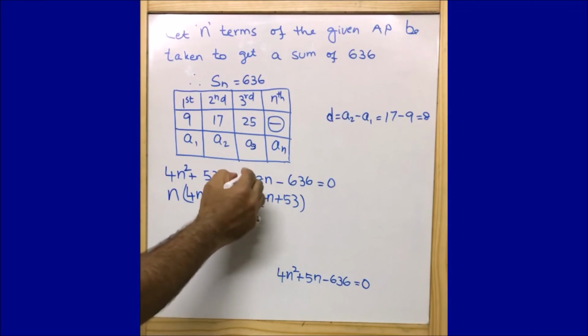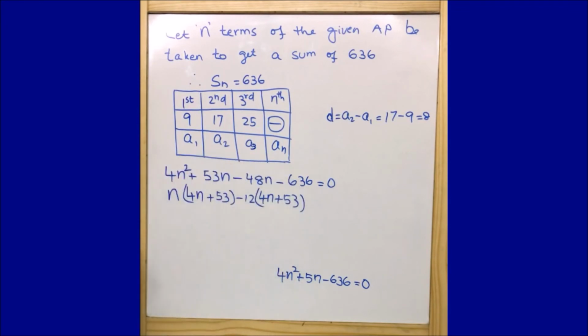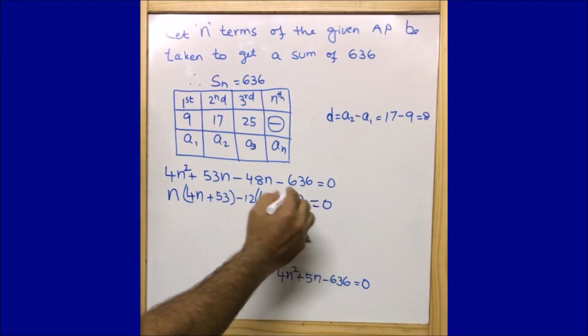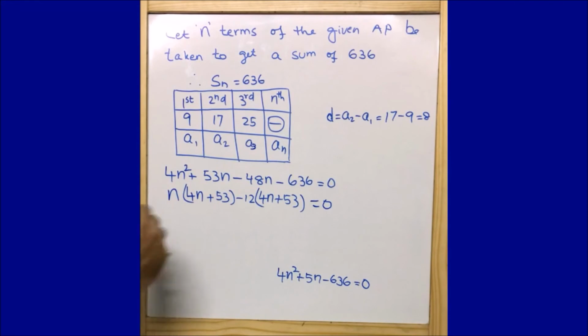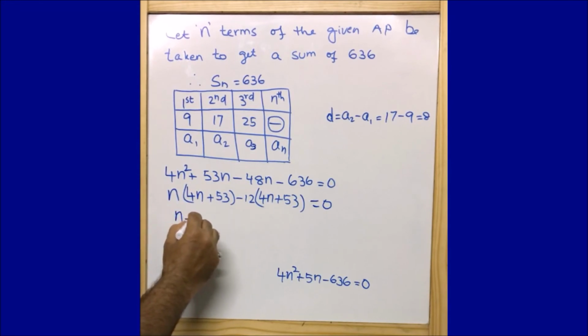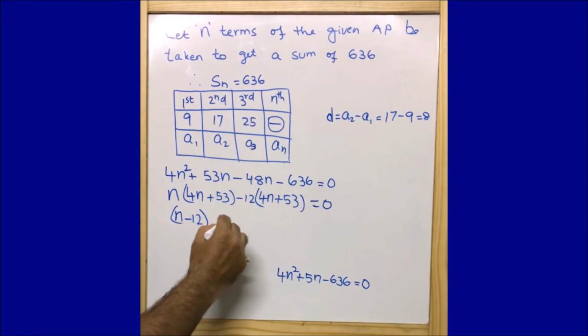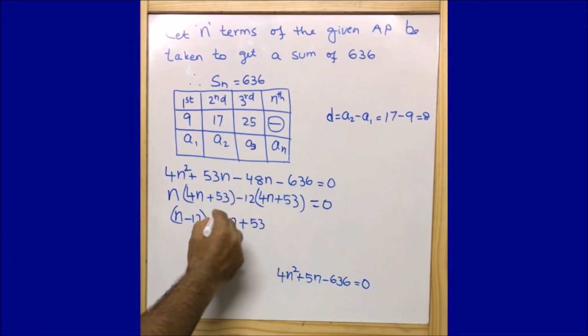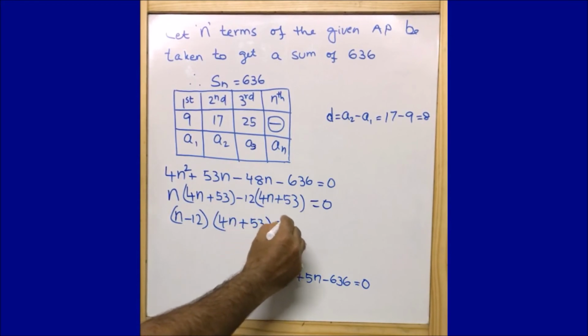Minus 12 into 4n is minus 48n, and minus 12 into 53 is minus 636, is equal to 0. So we are getting two equations: n minus 12, and 4n plus 53, equal to 0.